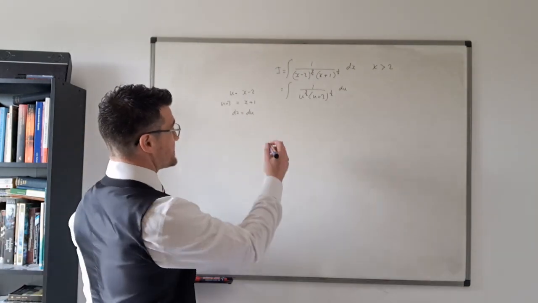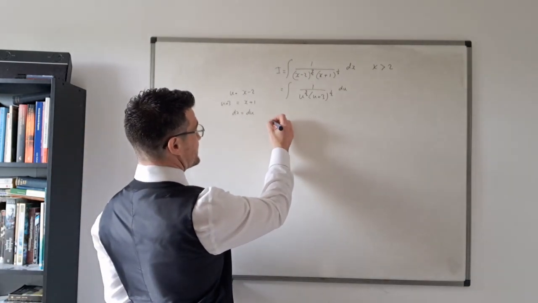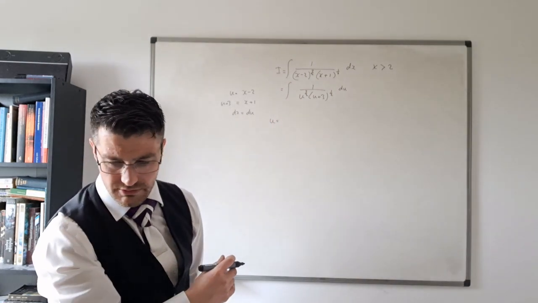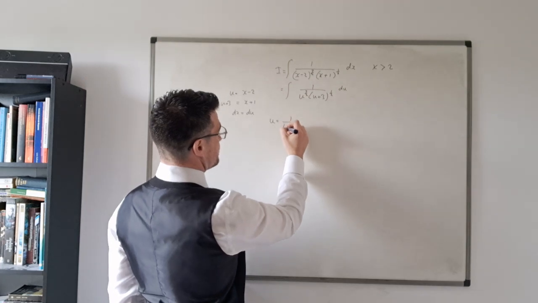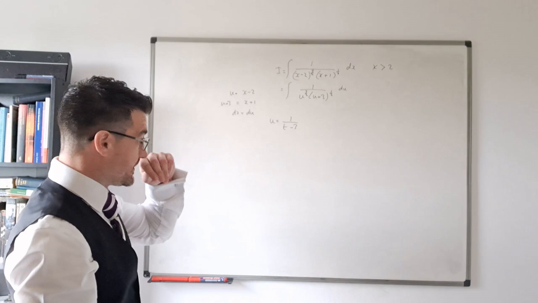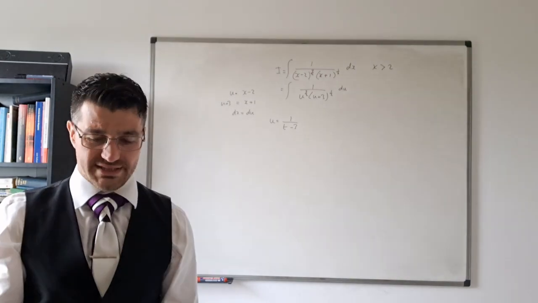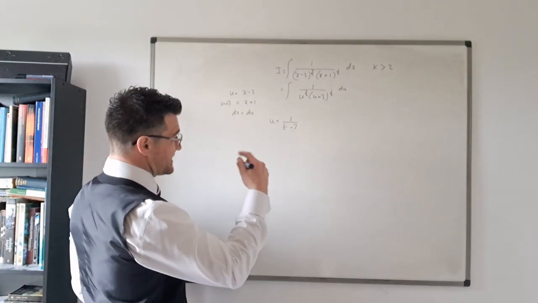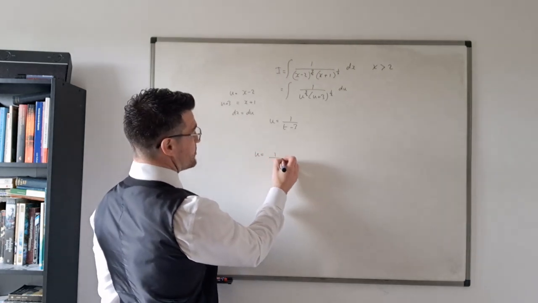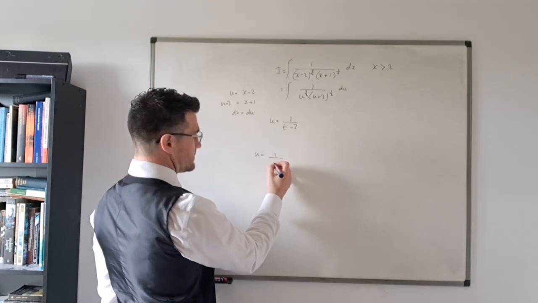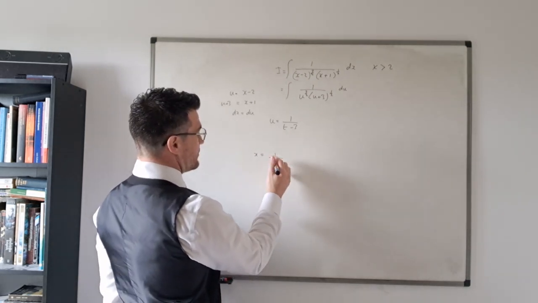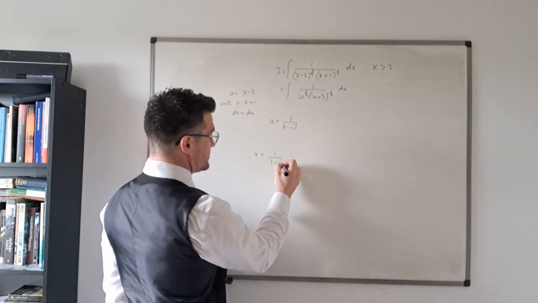So the initial substitution I made was u equals, what was it? 1 over t minus 3. Okay, u equals 1 over t minus 3. Why was this? Well, in part 1, we had the substitution x equals 1 over 1 minus u.